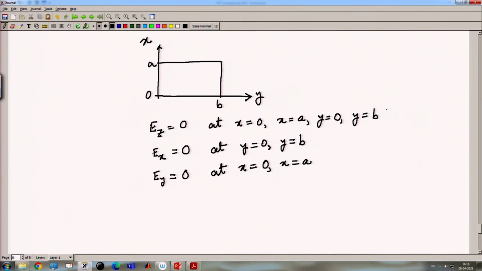So, this must be satisfied by the mode functions for the rectangular waveguide.